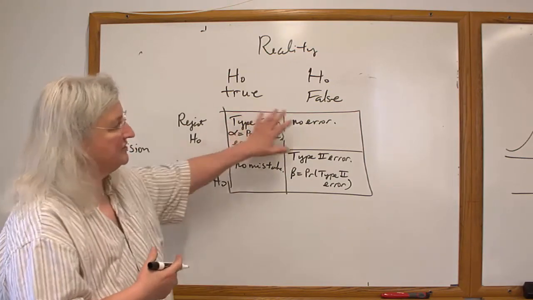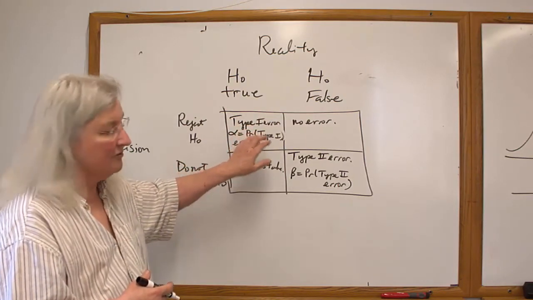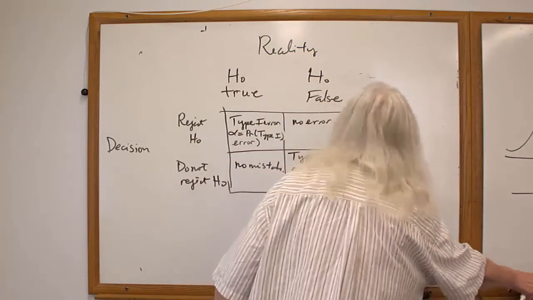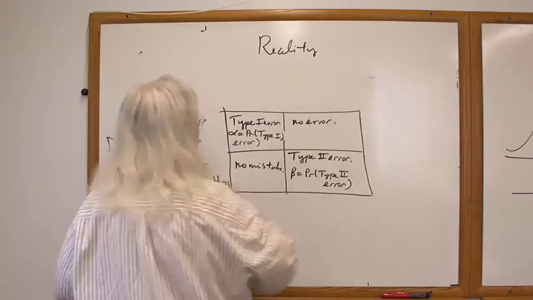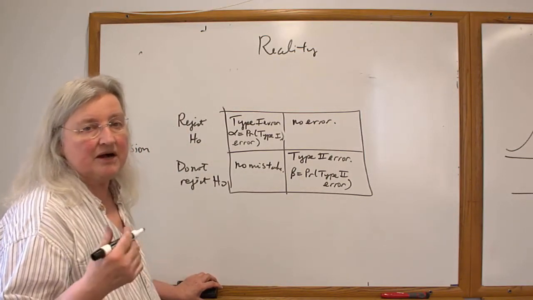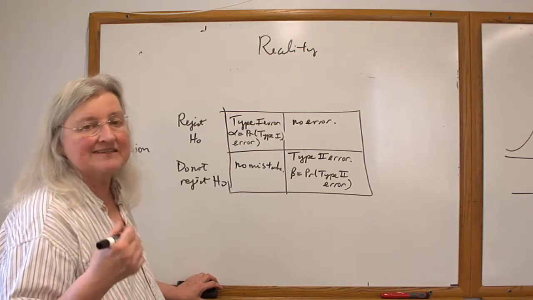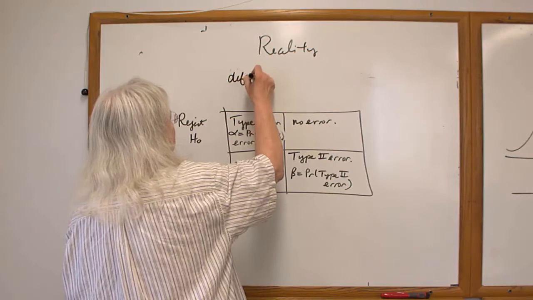And it's the same sort of thing that's going on here, except we're not going to be putting any numbers in for alpha or beta. And what is that? So the reality, okay, I'm going to use the U.S. legal system. In the U.S. legal system, our null hypothesis is that the defendant is innocent. So that's our h0. So the defendant is really innocent.